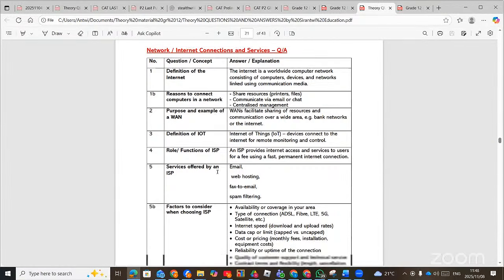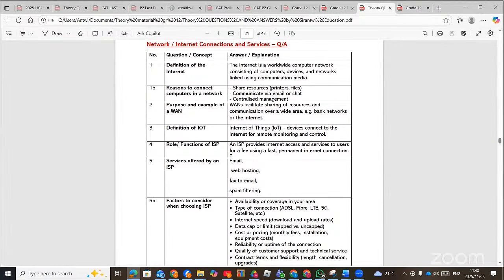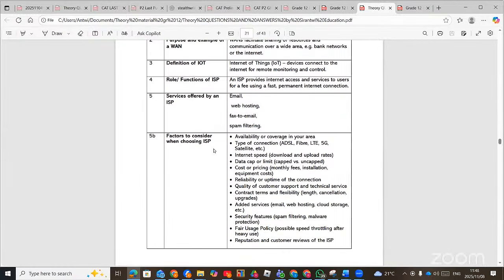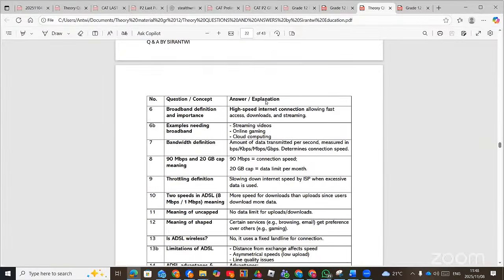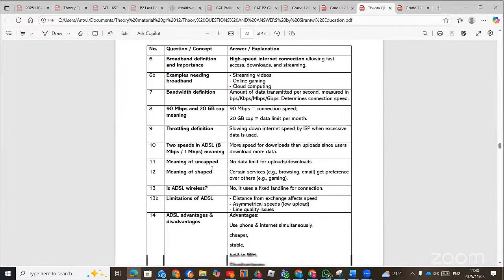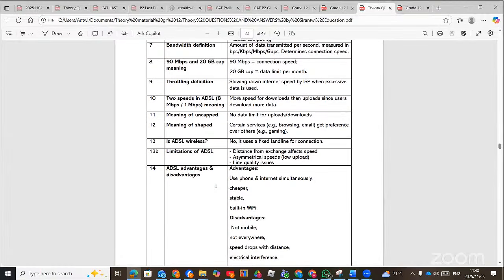Definition of IoT, functions of ISP, factors to consider when choosing an ISP, like we said: availability, the type of connection, the speed, whether capped, the cost, and others. Then definition of broadband: high-speed internet connection, with examples that need broadband, like streaming, gaming, and others. Bandwidth definition, throttling, meaning of cap, and others.